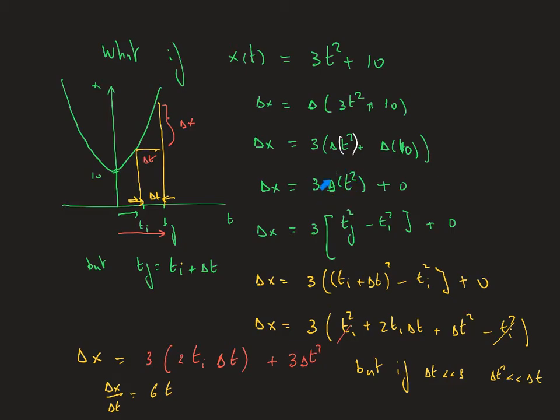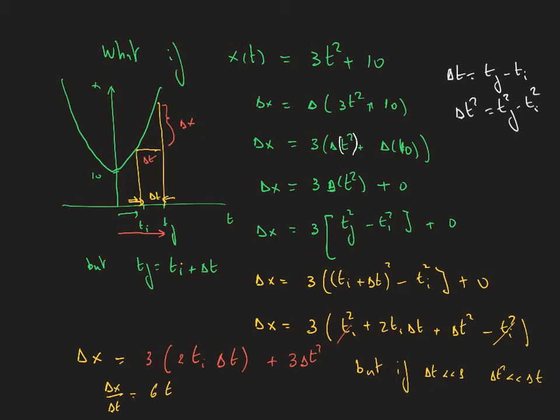So I want to find this delta of t squared, so delta x, the output of the function, when I change t by delta t, will be 3 times... what will be delta t squared? Well, if delta t is t final minus t initial, delta t squared will be t final squared minus t initial squared.